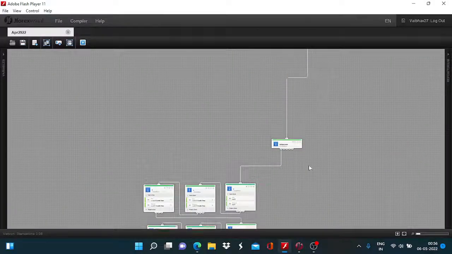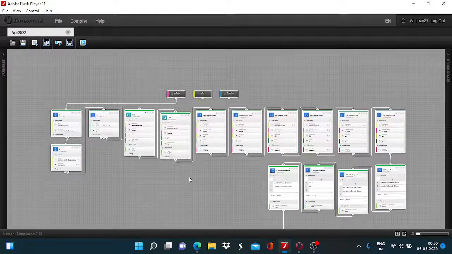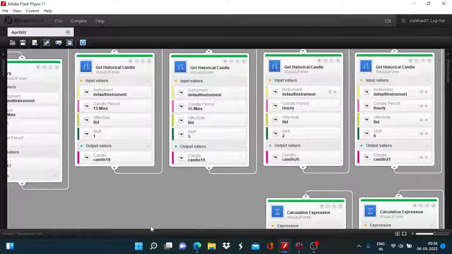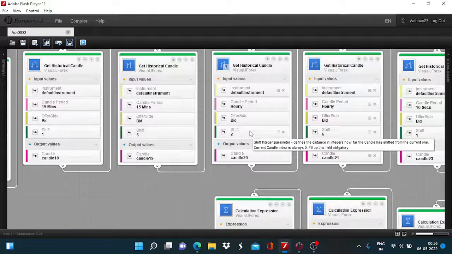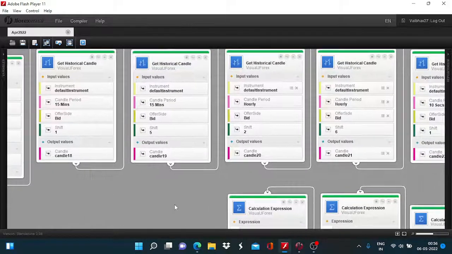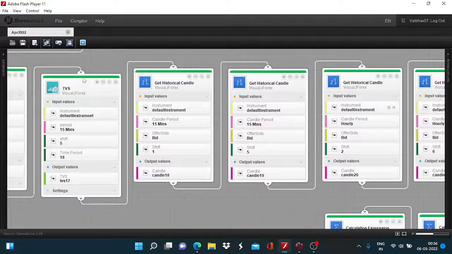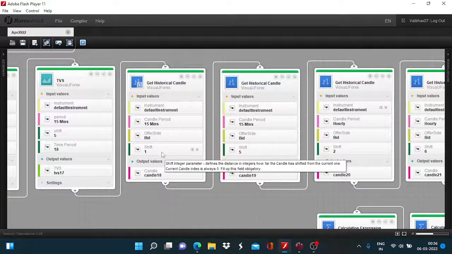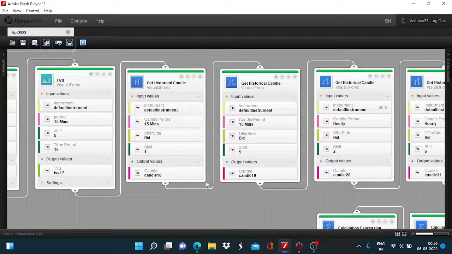Let me check what the shift values are. We have already defined this. So our second last hourly candle and the sixth last hourly candle. And in terms of 15 minutes, we will be taking the last one and the fifth last.